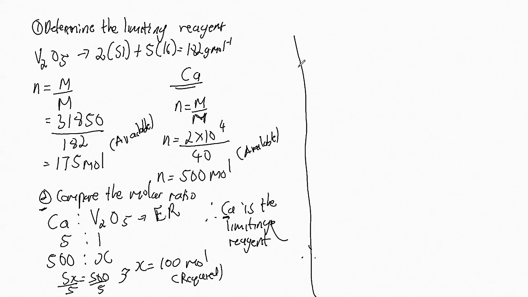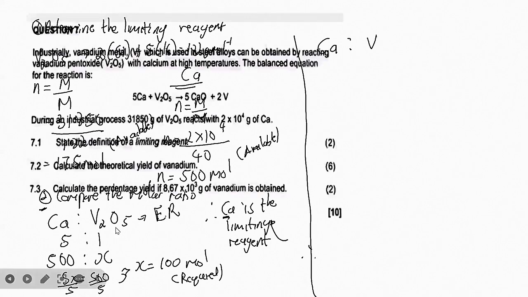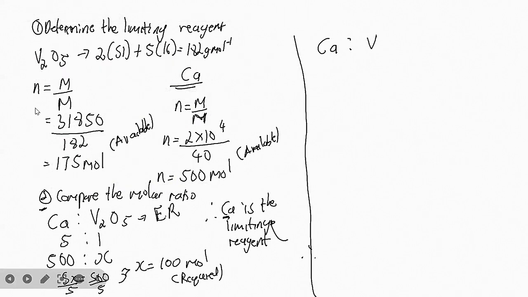Now that we have identified that calcium is the limiting reagent, remember we said we must take the ratio of the limiting reagent to the ratio of the product. So Ca, and the product that we are looking for is vanadium. According to our balanced equation, the ratio of the calcium to the vanadium is 5:2. So that means we have 5 here, and then we have 2.